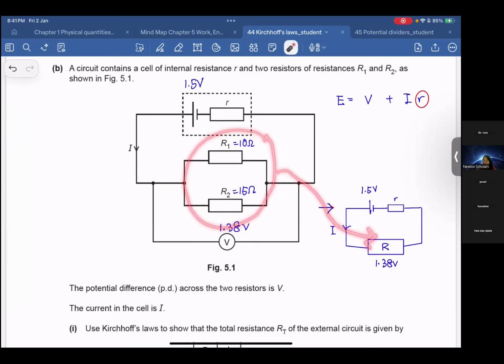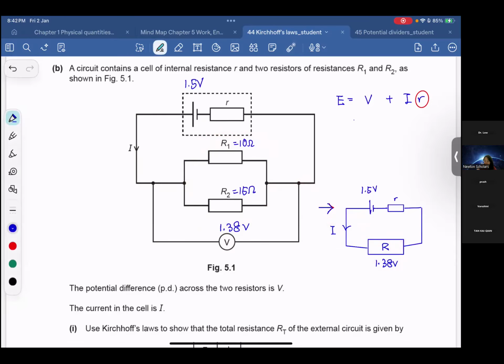When you get the resistance value and the voltage, you can find I. The V is 1.38 and the E is 1.5. The problem is you don't know I, so you have to think how to find I before you find the internal resistance.